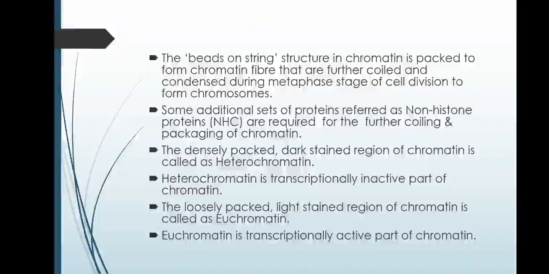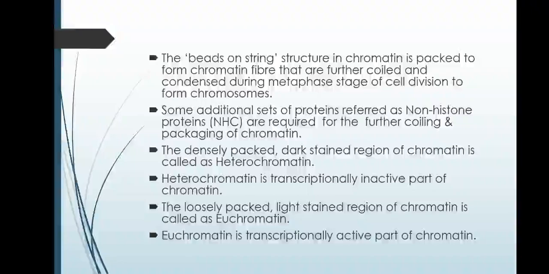There are some additional sets of proteins referred to as non-histone chromosomal proteins, or NHC. They are required for further supercoiling of the chromatin material. When chromatin material is very compactly packed and gives a dark stain, it is called heterochromatin.